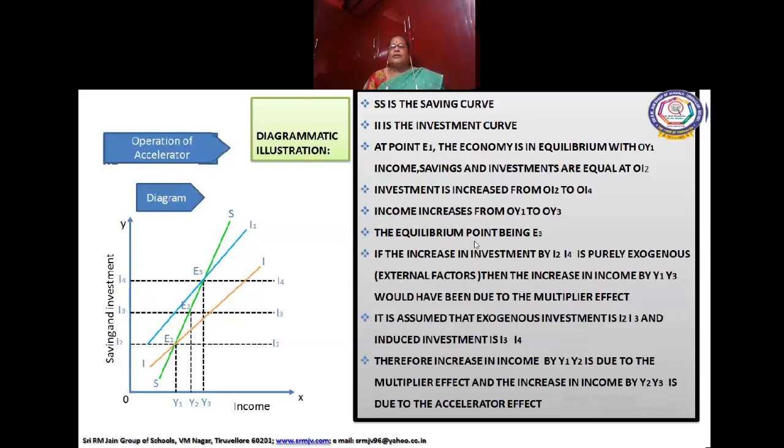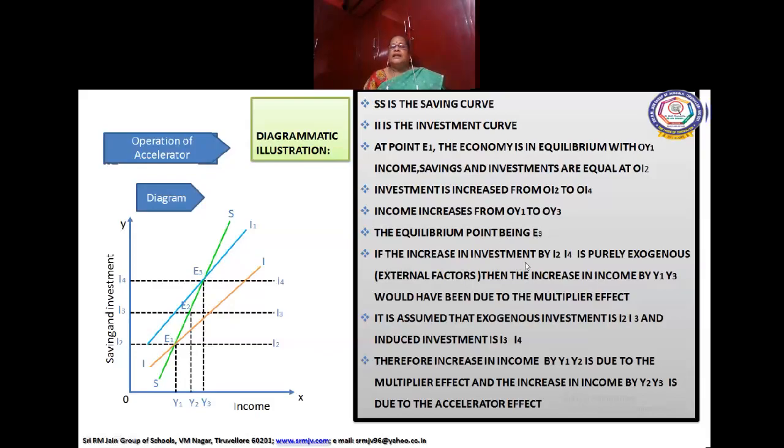This equilibrium point is E3, where again savings and investment are equal. Clear? The equilibrium point is E3.